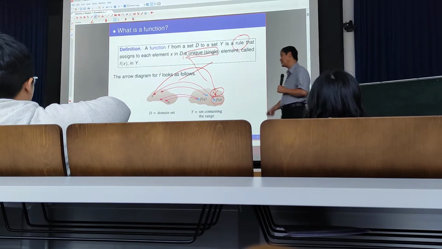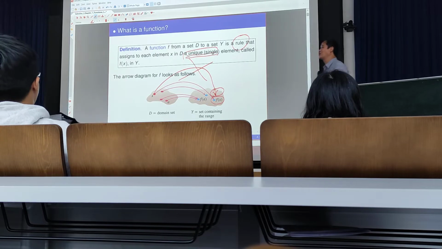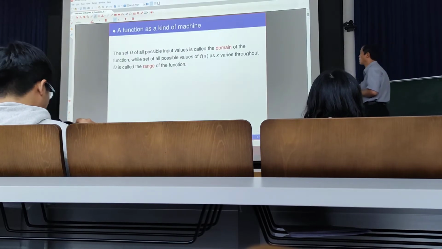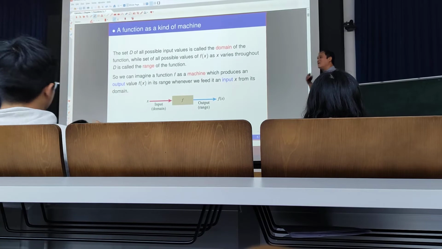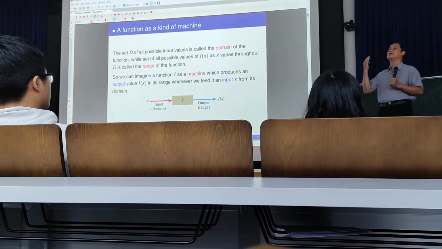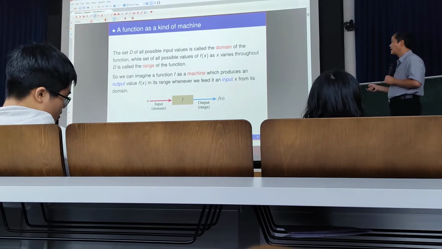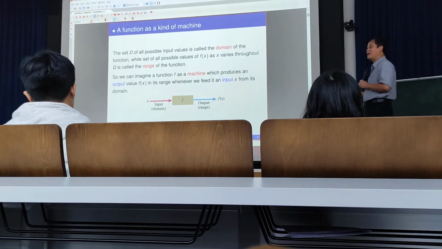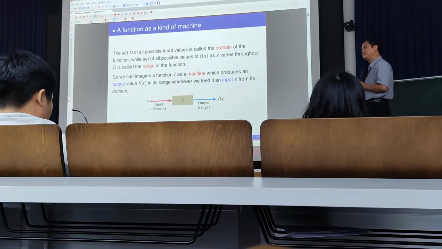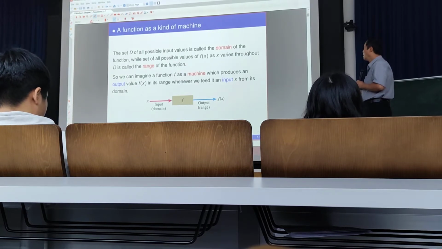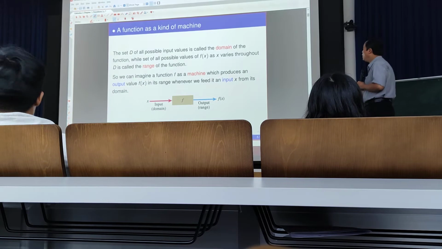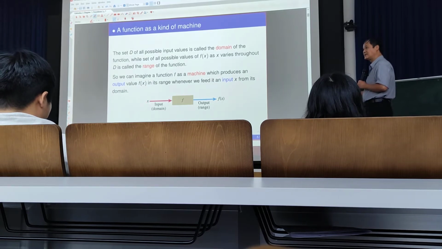Okay, so this is the English word you have to pay attention to. So, from the point of view of, say, computer engineering or ICT, we can imagine f, a function, as a machine which produces, with the input x from D, under this machine, the output fx as the range.